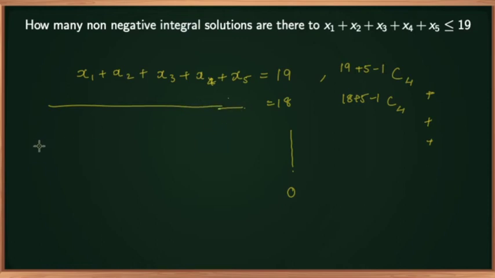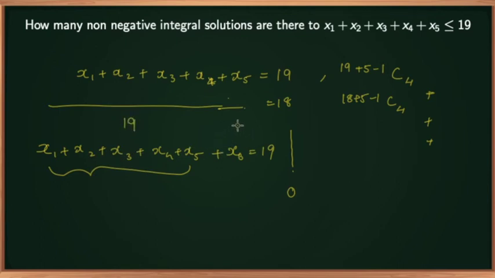That is, let us assume x1 plus x2 plus x3 plus x4 plus x5 plus x6 equal to 19. Okay, now I know this is less than or equal to 19, right? If this is equal to 19, then in the last box I need to put 0, right? If this is equal to 18, then in the last box I need to put 1.